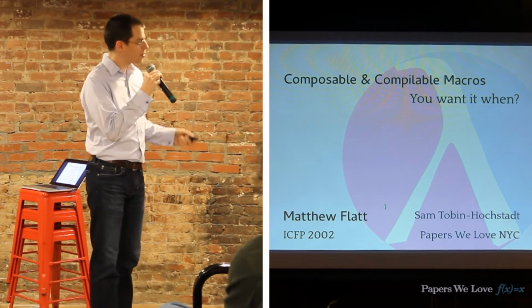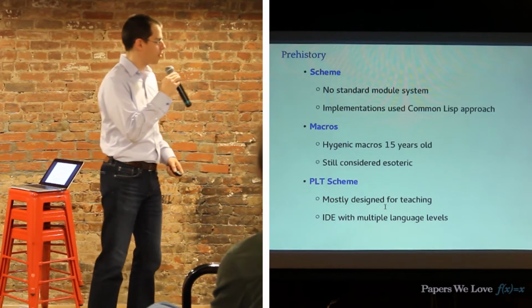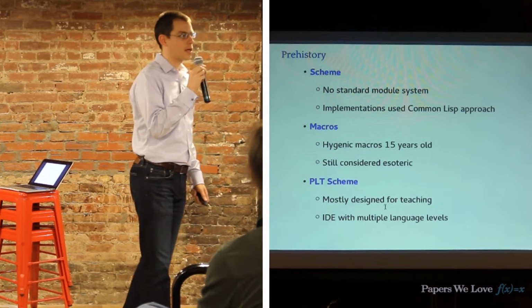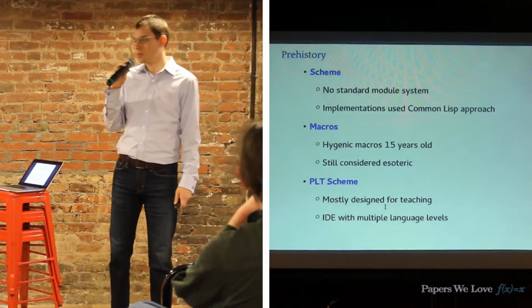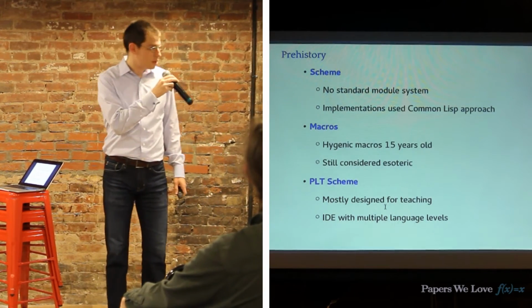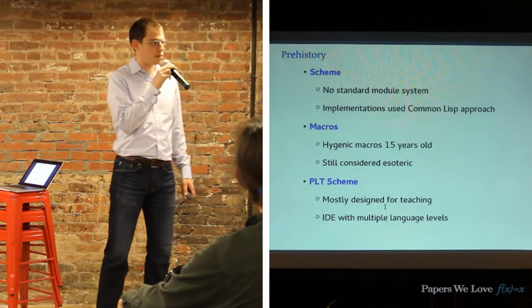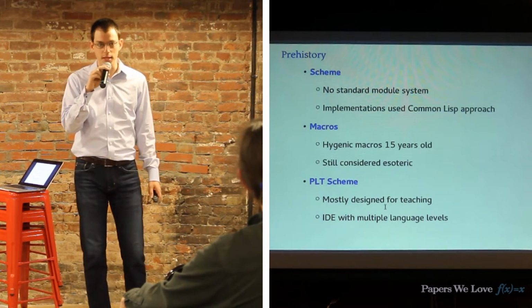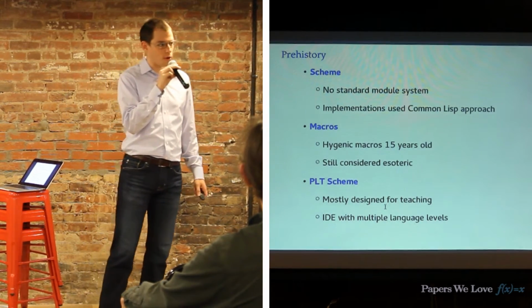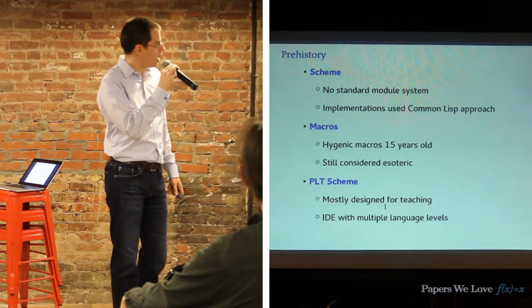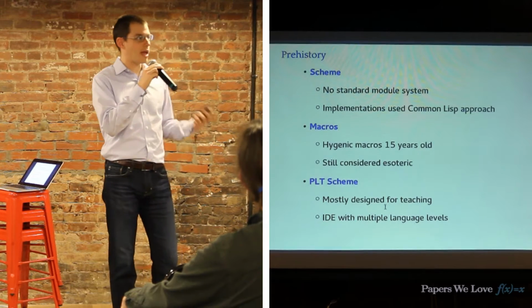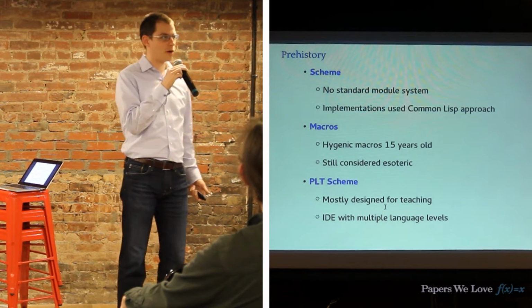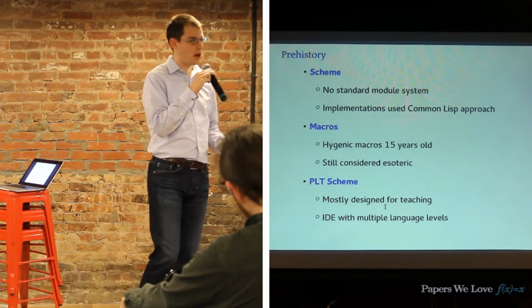So let me just start by giving a little background on the context in the research community when this paper was written. This paper is all about what was then called PLT Scheme, and is now called Racket. PLT Scheme came out of the Scheme community where there was no module system.